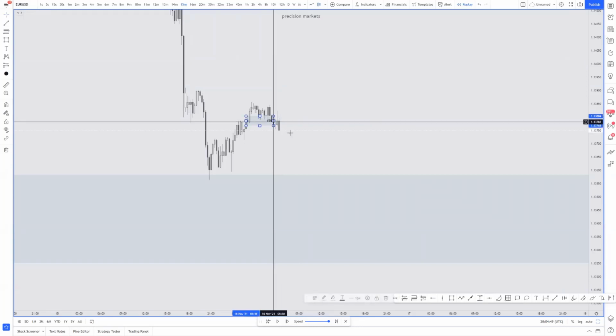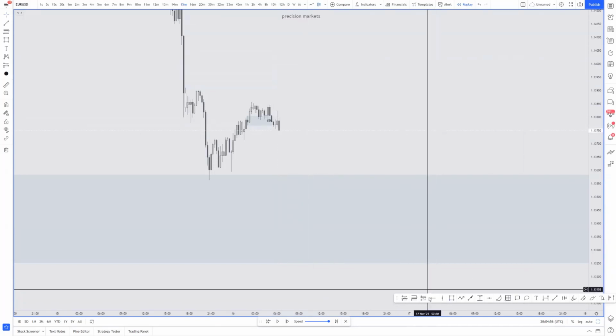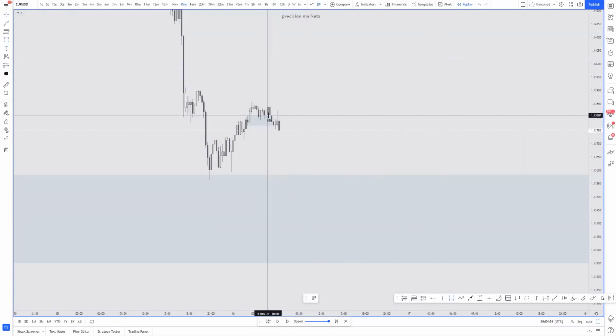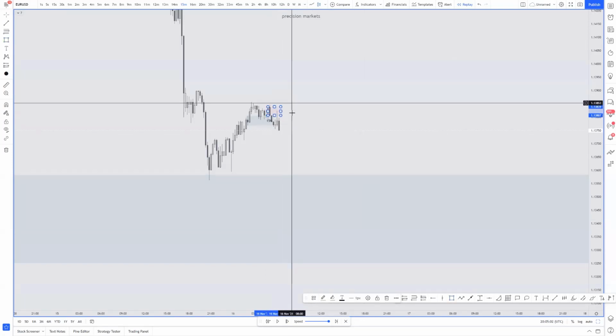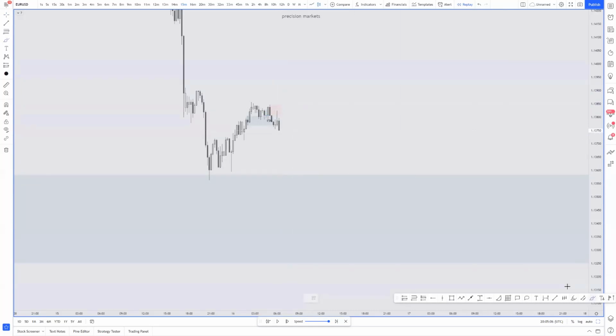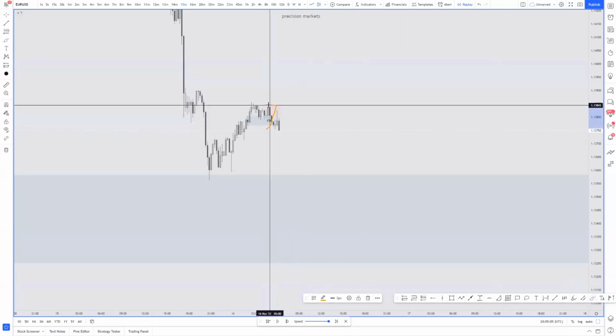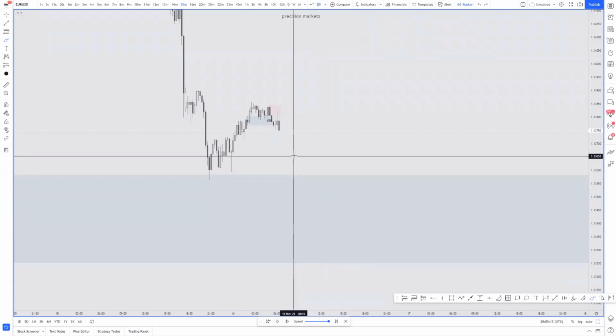Right off the bat here, you would notice that we do tap into the extreme of the supply here. The reason this zone gets tapped is this is our initial flip zone, and you want to find these flip zones because a lot of times price will return to the flip zones and we'll get a reaction.